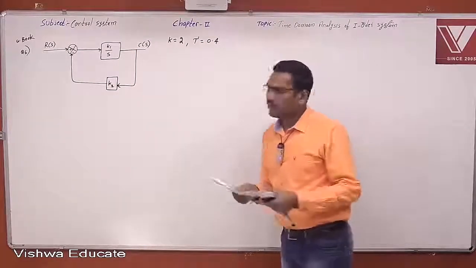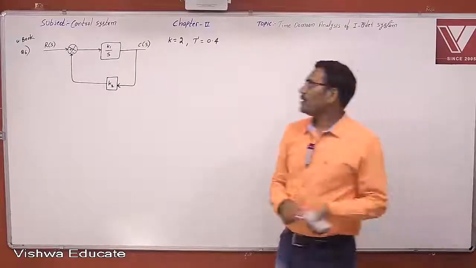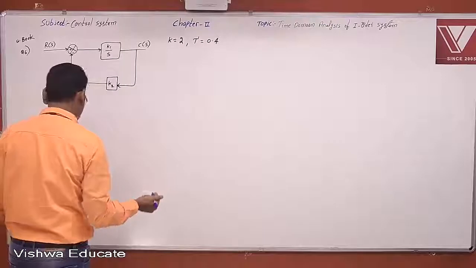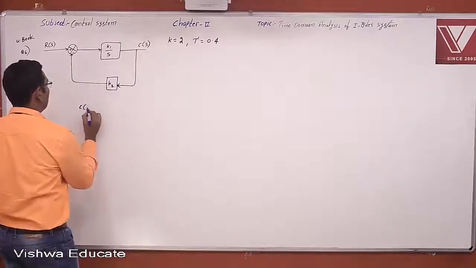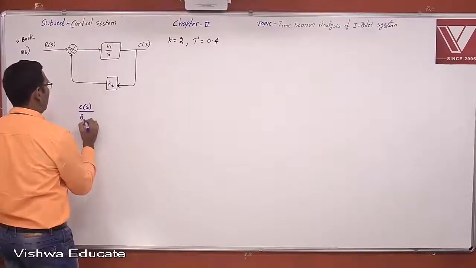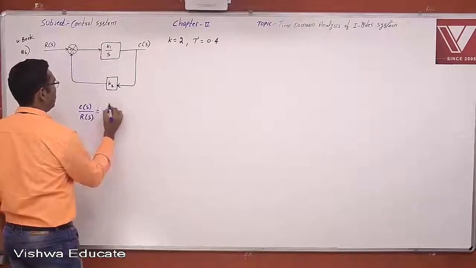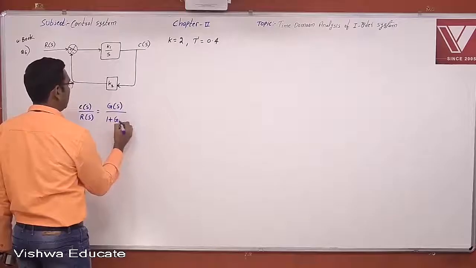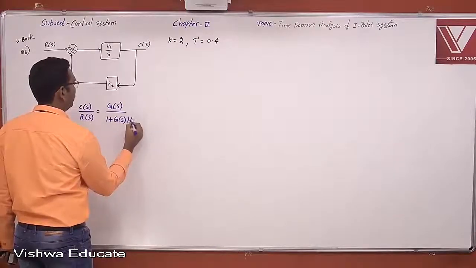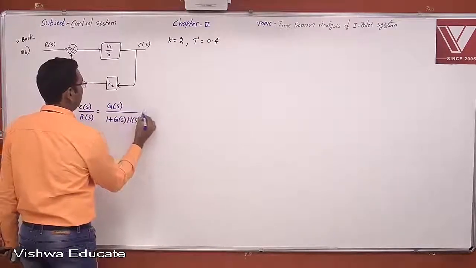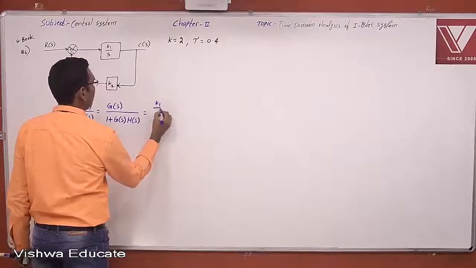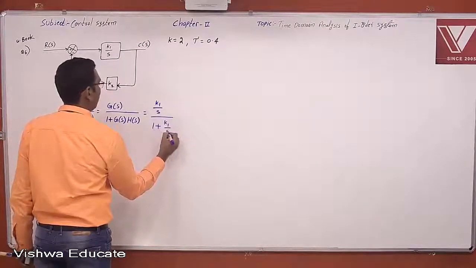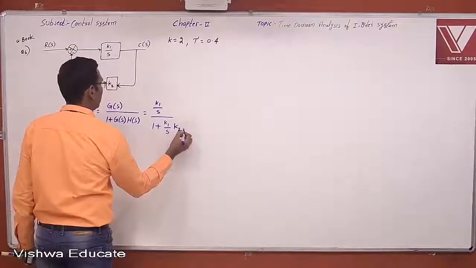Now first we will try to simplify this block diagram. This is the closed loop control system with negative feedback, C of S by R of S equal to G of S by 1 plus G of S into H of S. Therefore, it is equal to K1 by S divided by 1 plus K1 by S into H of S, which is K2.